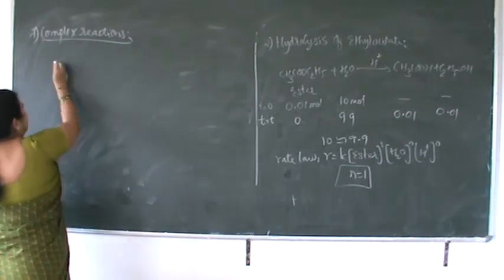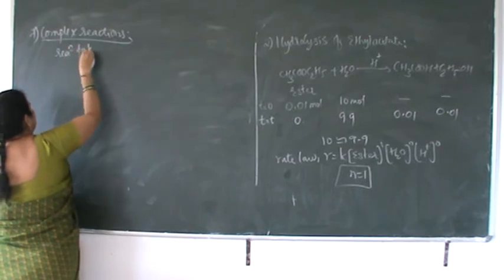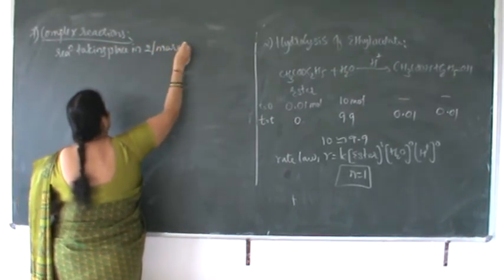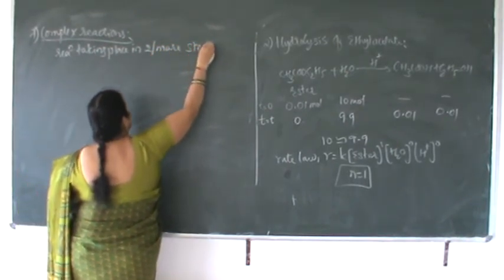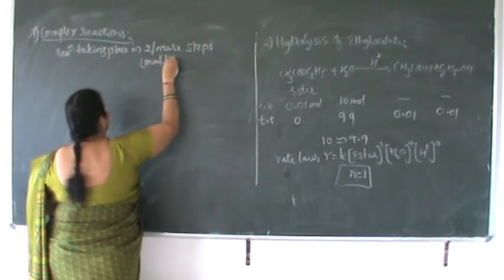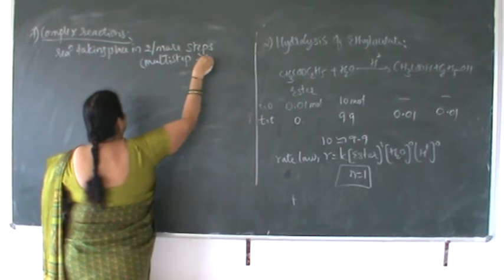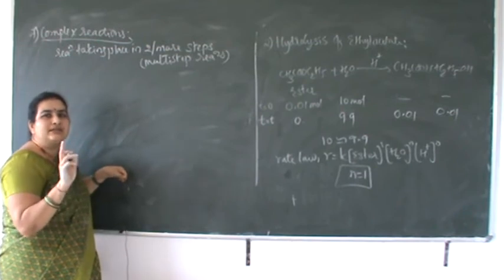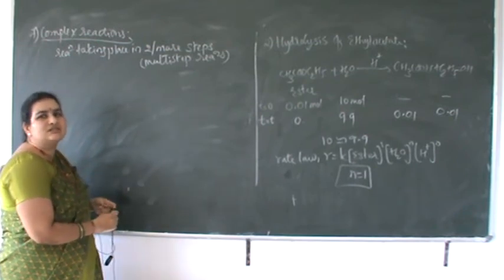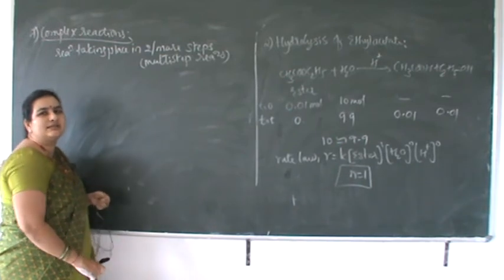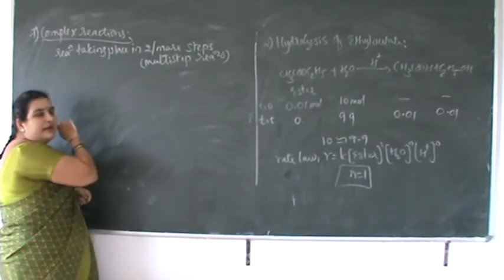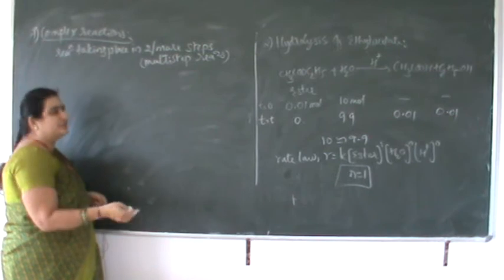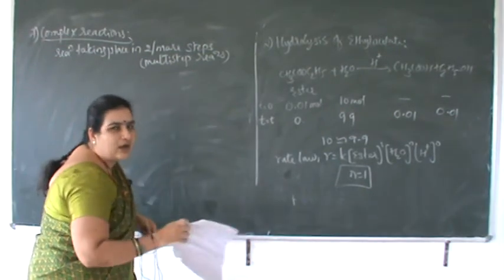The reaction which takes place in two or more steps is called a multi-step reaction or complex reaction.